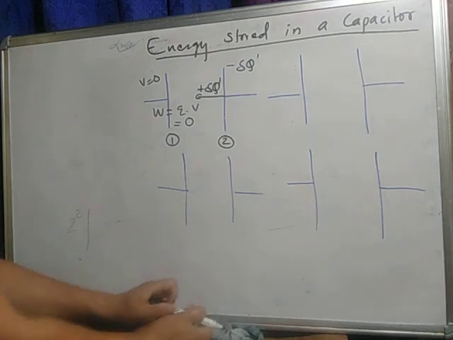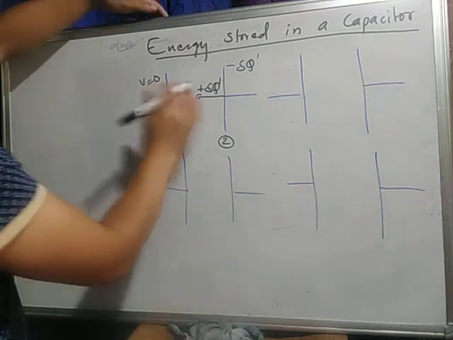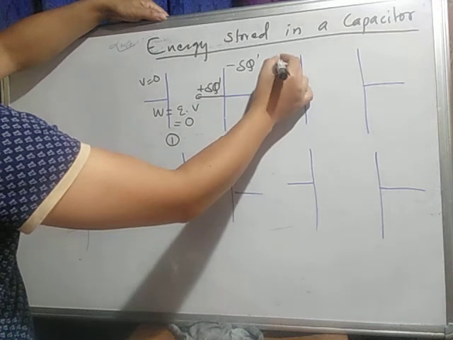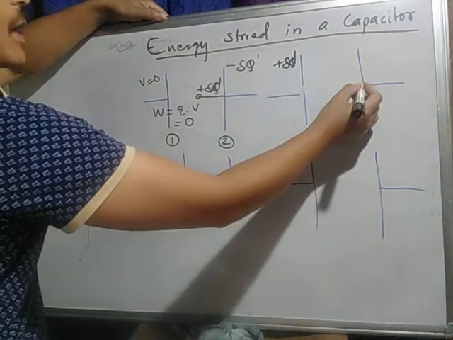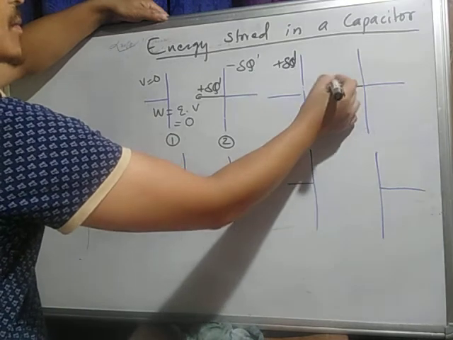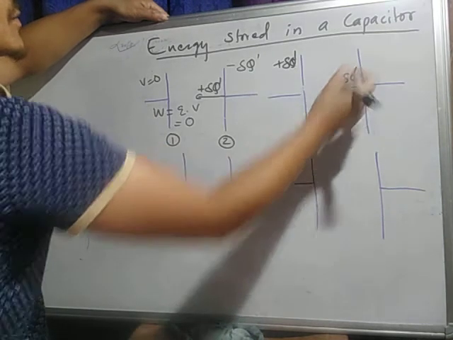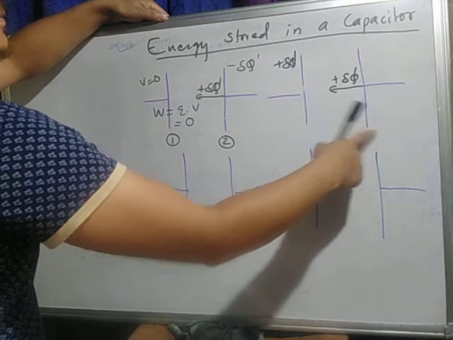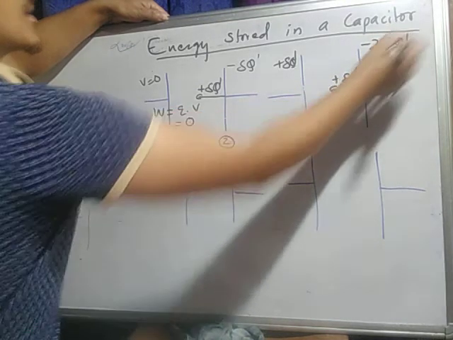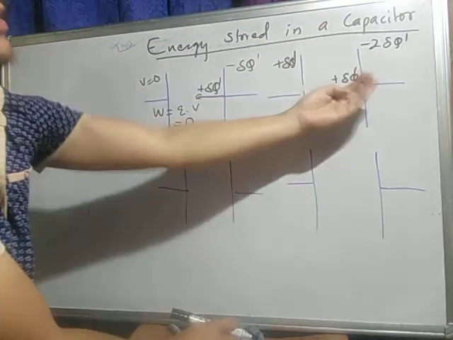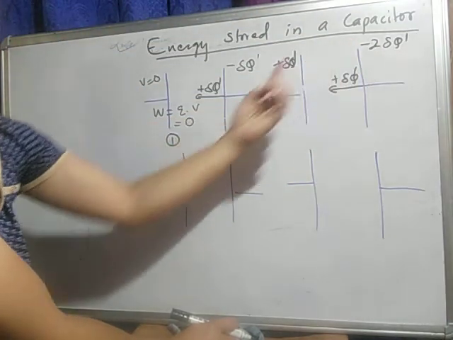So next, this reaches plate 1, so already there is positive charge. Again I am bringing positive small charge from plate 2. So this remains 2 del q dash.